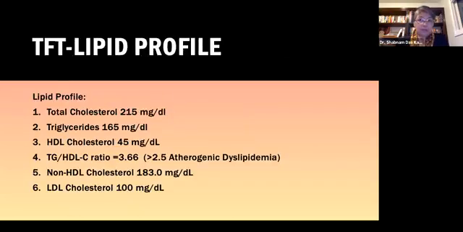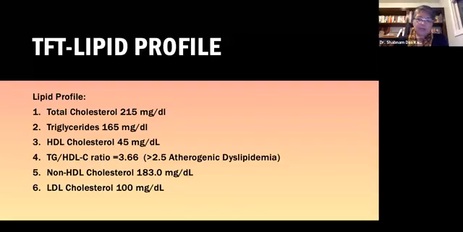Lipid profile, now you remember she had total cholesterol. Fortunately, she was not on a statin medication. She had never had any heart problems. Her triglycerides are high because we like it to be around 120 milligram per deciliter. And again, her HDL is not bad, but her triglyceride by HDL-C ratio is high. So atherogenic dyslipidemia is the bad type of lipids.